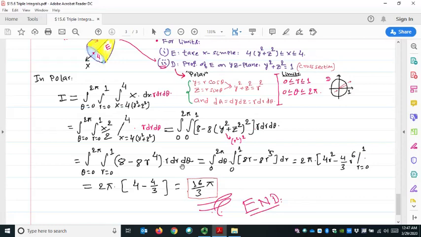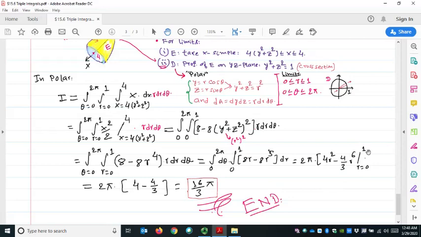Now we can separate the theta integral and the r integral, and in the r integral we multiply this r inside. So the theta integral gives us 2 pi, and from the r integral, the integral of 8r becomes 4r squared, the integral of minus 8r to the 5 becomes 4/3 r to the power 6, and put r limits, r equals 0 to 1.